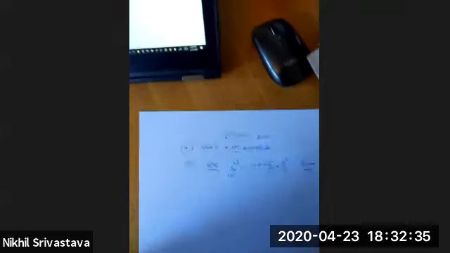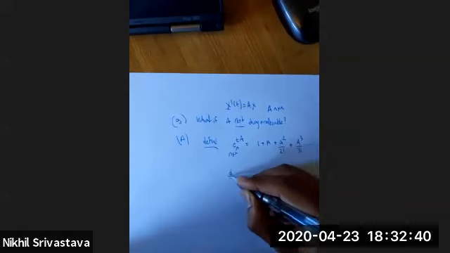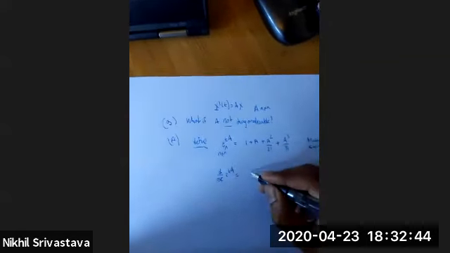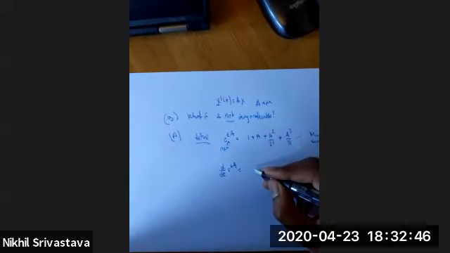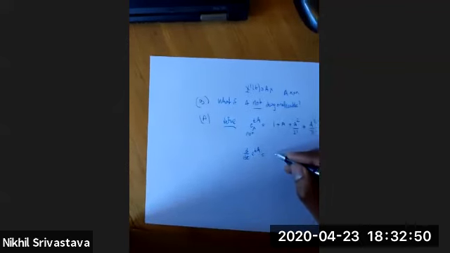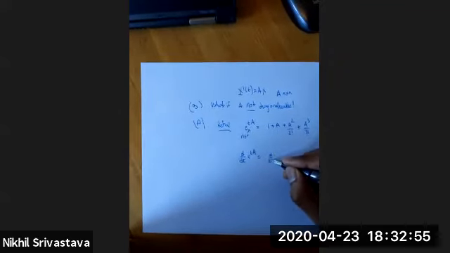Okay. And now what's the amazing thing? Well, what happens if you differentiate this? You differentiate each of the terms. So you do d by dt of the series.